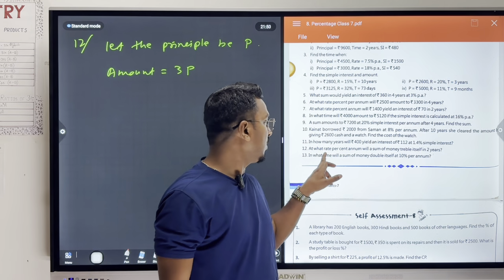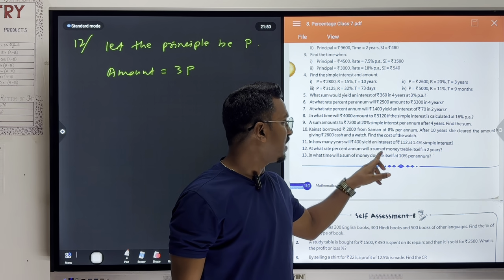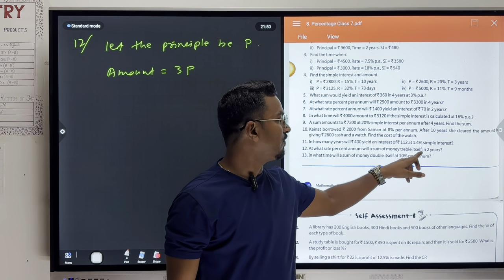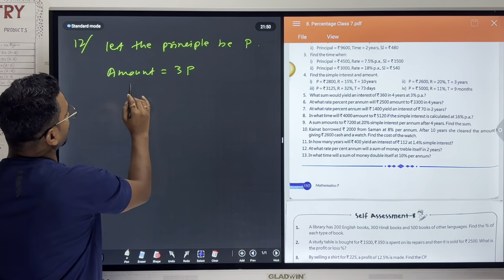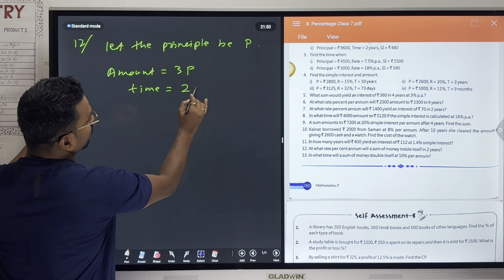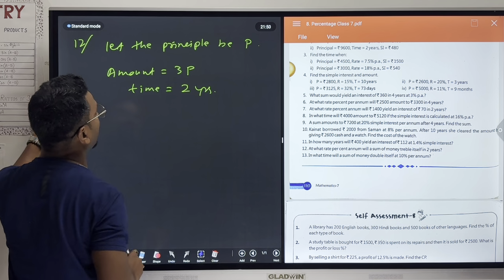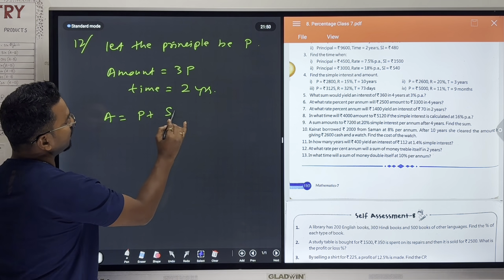At what rate percent per annum will a sum of money triple itself in 2 years? Time is given, 2 years. Amount will become triple. Now we know that amount equals principal plus simple interest.